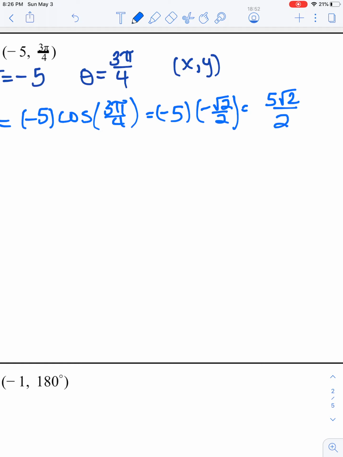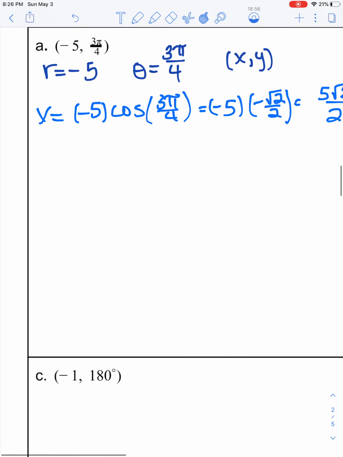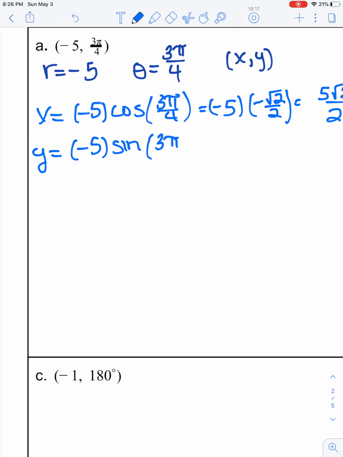Okay, so that's our x component of our rectangular coordinate that corresponds with the polar coordinate -5, 3 pi over 4. So we'll do the same thing, except we'll utilize the other equation to find our y value of our rectangular point. So we have y equals r, which is -5, times sine of theta, and theta is 3 pi over 4.